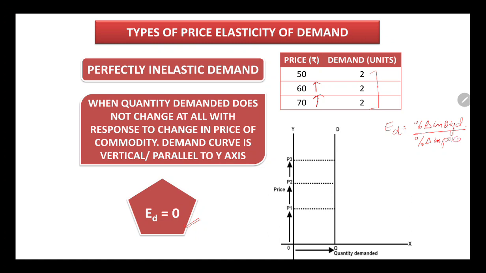Now let's say there is no change in the quantity, which means Q2 minus Q1 upon Q1 upon P2 minus P1. I have cancelled out the 100. So 2 minus 2 will be a 0. Anything with a 0 in the numerator, no matter what the price is, your elasticity will always come to be 0. That is why under perfectly inelastic demand, your elasticity will be 0.